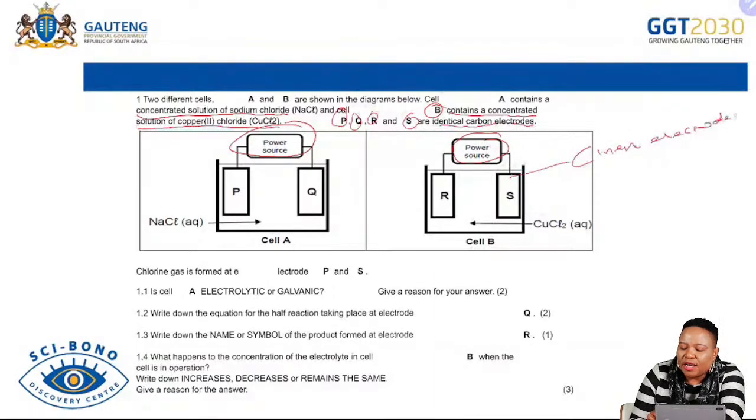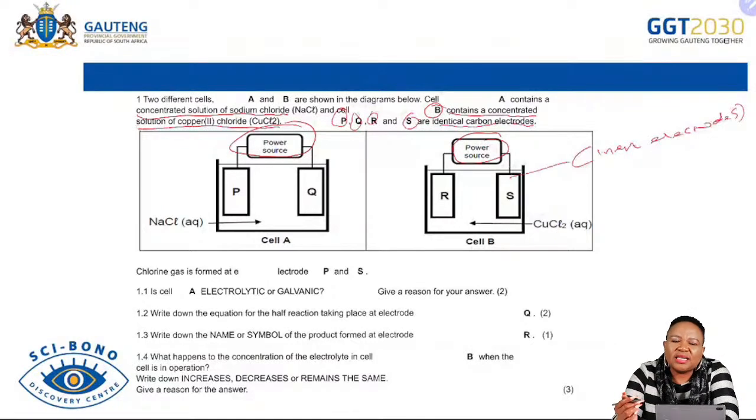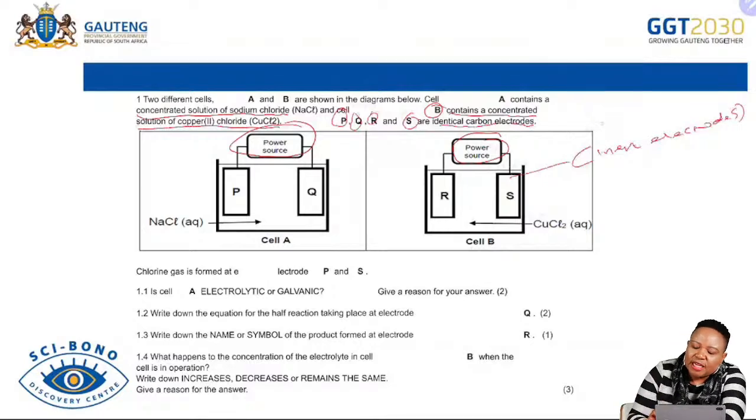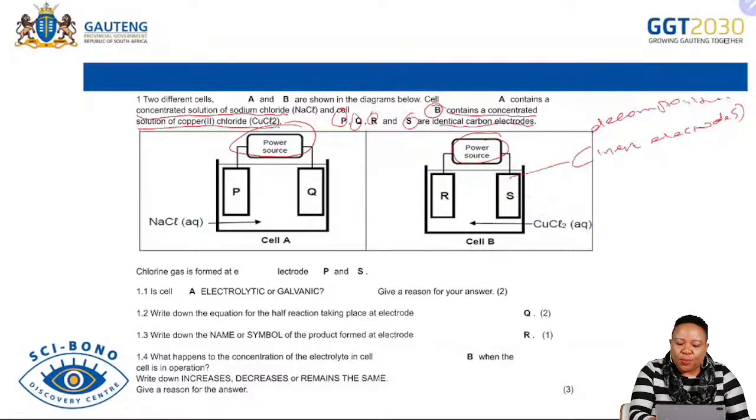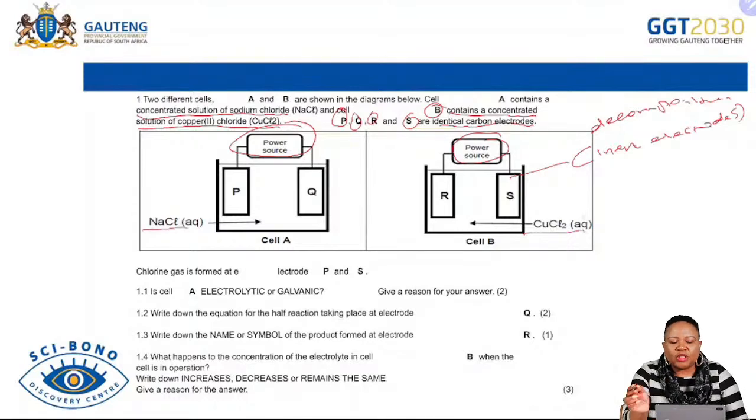So you can recall the process where we had two inert electrodes, in both our anode and our cathode, and that was a decomposition process, because our carbon electrodes will not undergo oxidation. So this one is the decomposition process of copper(II) chloride, and this one is the electrolysis process, or they can also be called electrolysis.